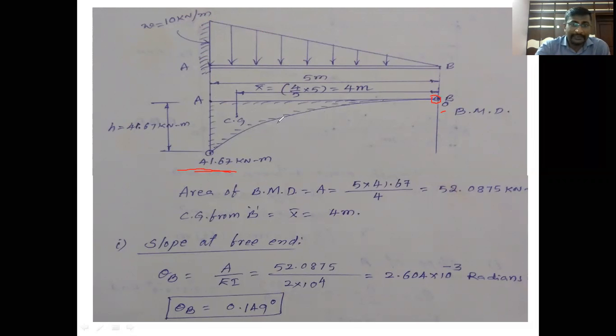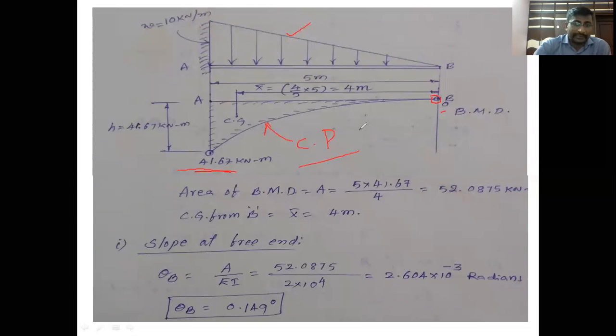How do we join this bending moment diagram? If a UVL is acting, it is a cubic parabolic curve. The curve varies cubically when a UVL acts.